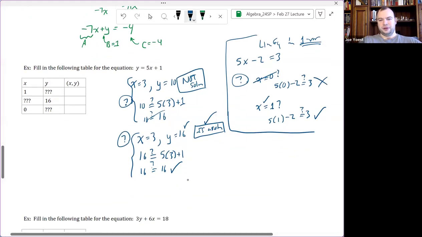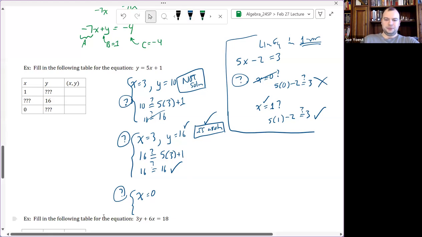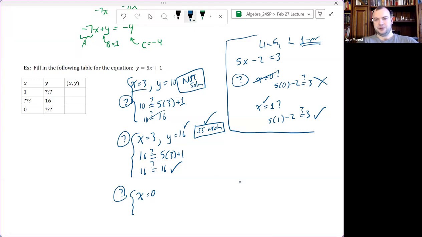Well, what if I, for instance, plugged in x equals 0? I might be interested in knowing, I see that, for this choice of x, for 3, some y's don't work and some y's do work. I might be interested in knowing, for a specific choice of x, is there any y that works? And if so, what is it?